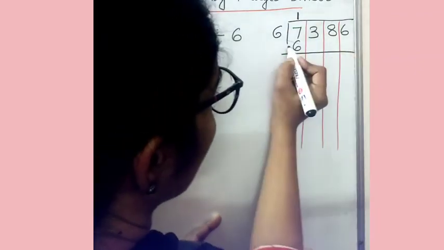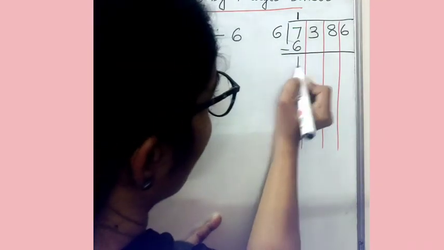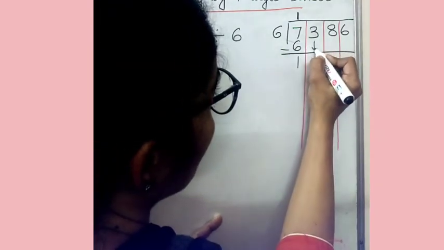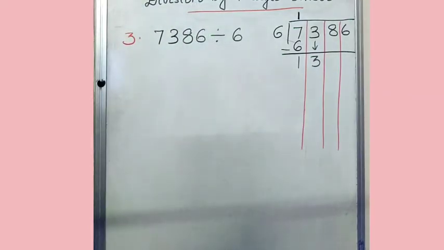Draw a line. Put the subtraction symbol. 7 minus 6, 1. Bringing down 3 here. Now it becomes 13. How many times 6 in 13? 1 6 is 6, 2 6s are 12, 3 6s are 18.